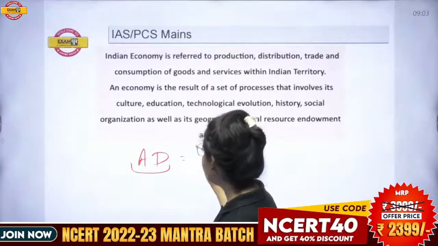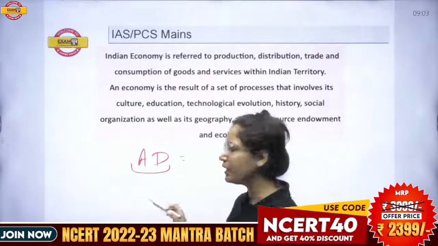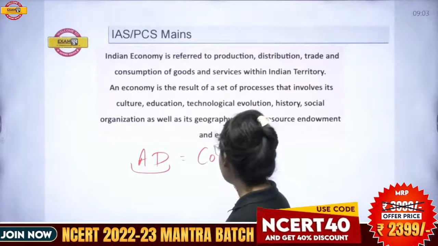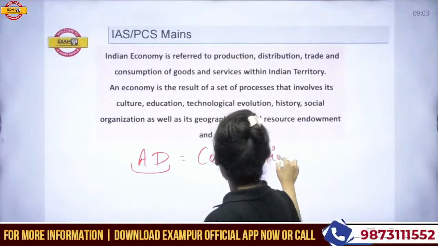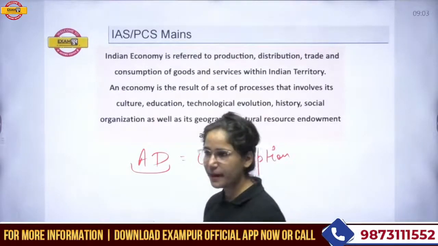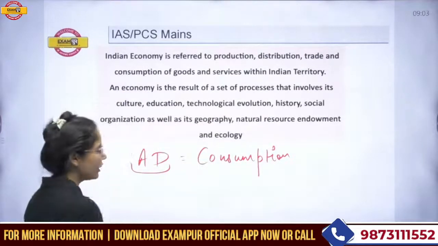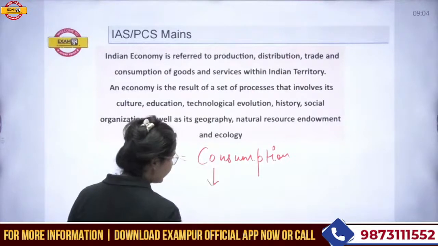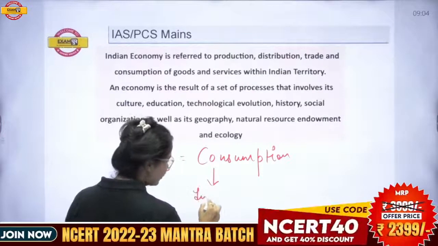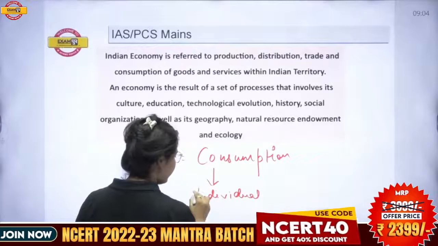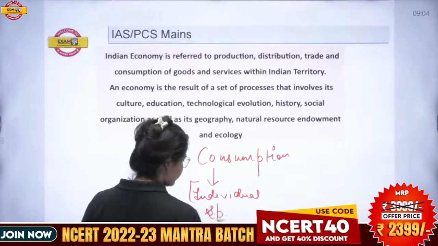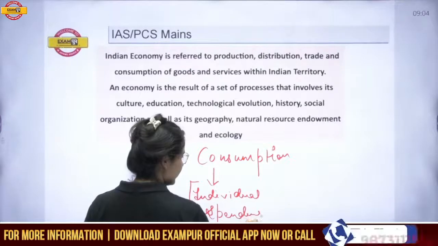If we take the individual perspective, how much consumption is being made by individuals, what level of spending we are making, spending made per person, we are making the calculation on an individual basis. Individual spending we are talking about.